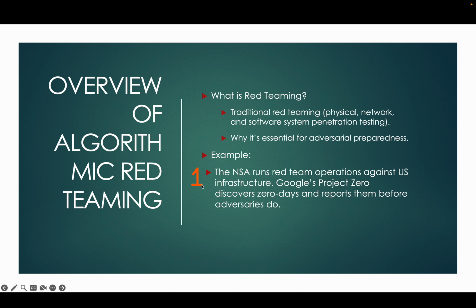Second, the motivation for testing is fairness. You're looking at the red team to uncover discrimination or bias. For example, facial recognition systems that misidentify minorities. That would be one thing that we would test in terms of fairness. Third would be compliance.